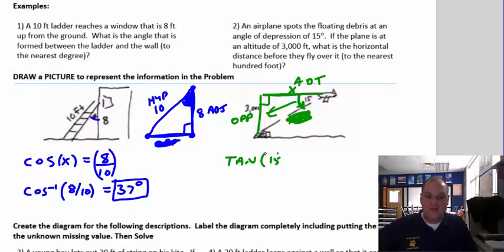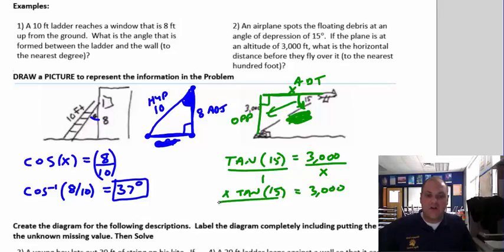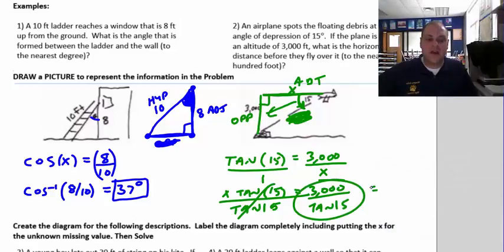Tan 15, I know the angle this time, equals opposite 3,000 over adjacent x. Now I cross multiply. x tan 15 equals 3,000, and then I need to solve for x, so I divide by tan 15. 3,000 divided by tan 15 is going to give you, I did it ahead of time just to save you time, 11,200 feet.